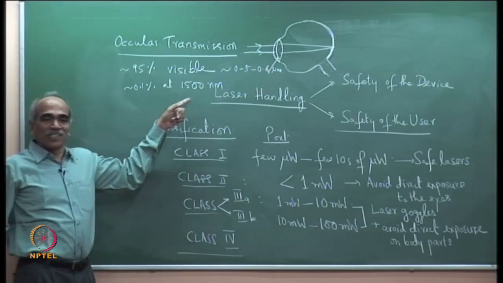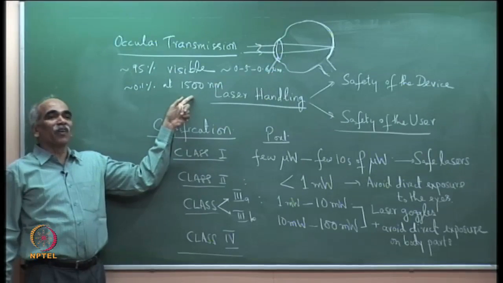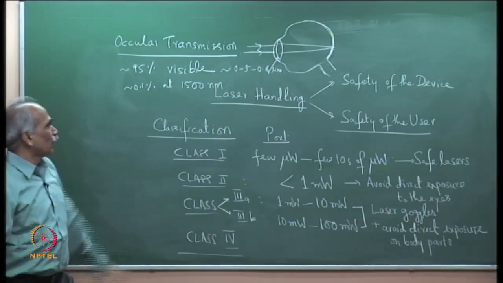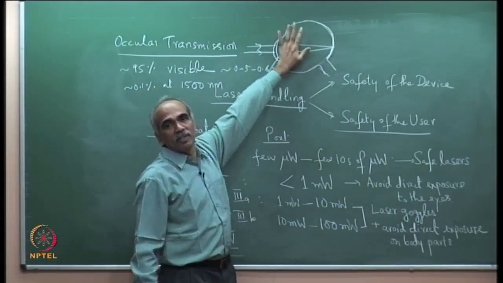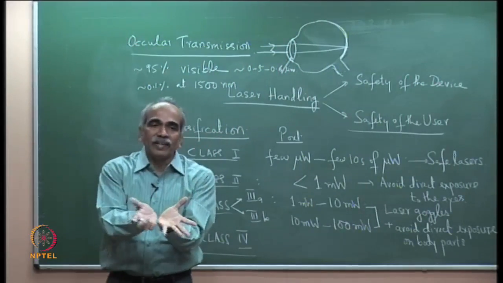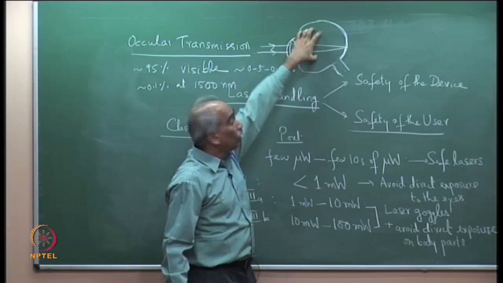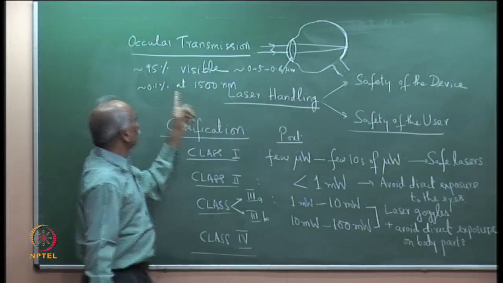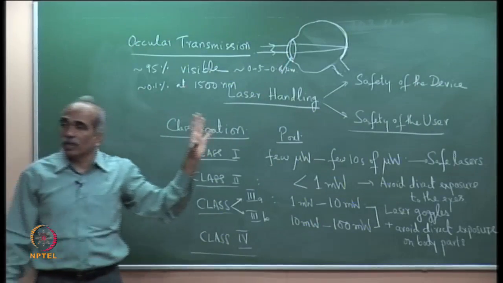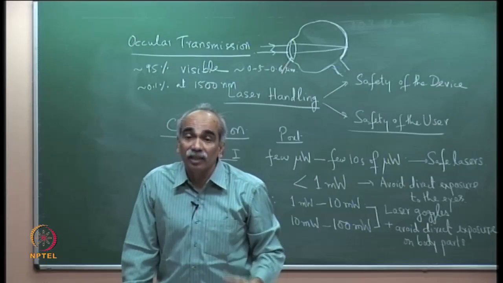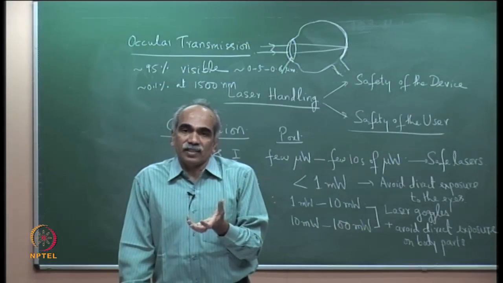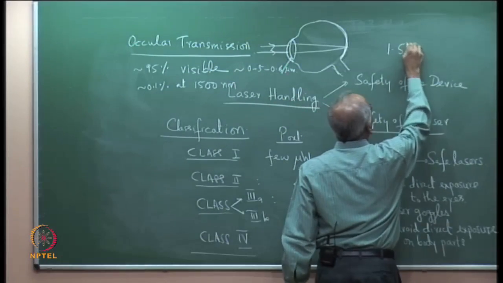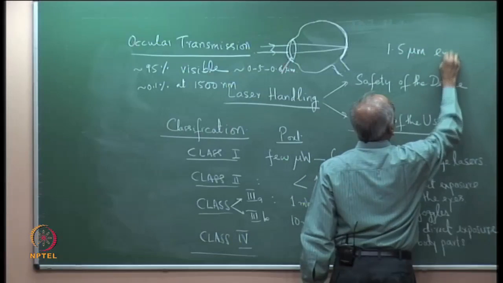Fortunately for optical communication people, the fraction of light which is incident on the retina is much smaller, and therefore, most of the light is absorbed in between. That is actually over a wide region, and therefore, it is not so harmful, but here at the focused spot, the amount of light incidence is only 0.1% at 1550. In fact, those who work with the defense, they call 1.5 micrometer an eye safe laser, so eye safe wavelength.